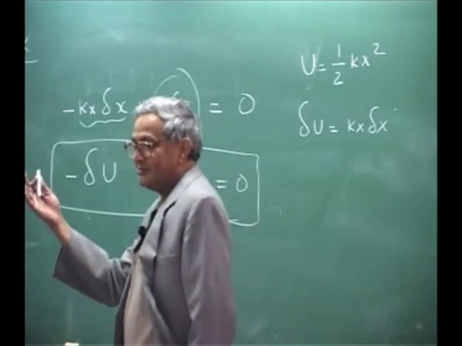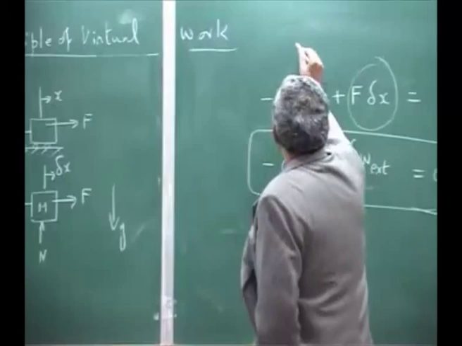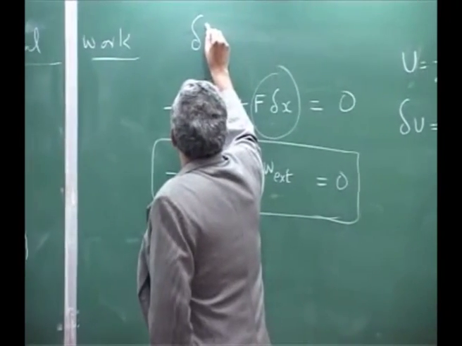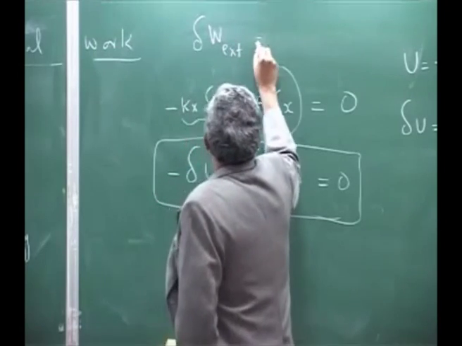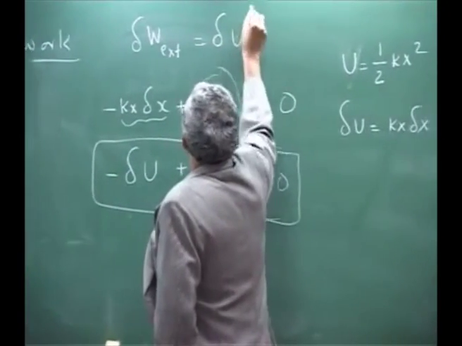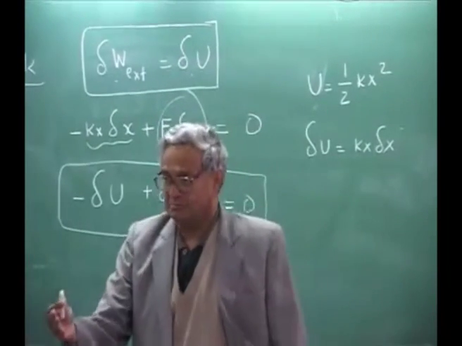Now you see, what my virtual work principle is, simply I am saying delta of W external equals delta U. This is one form of writing.